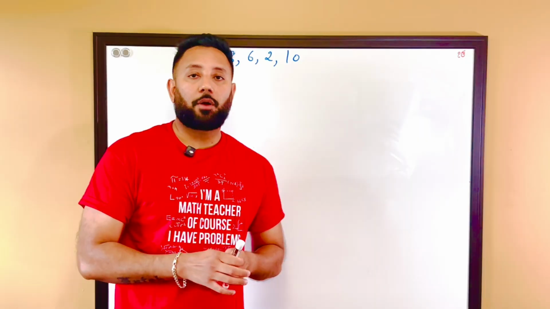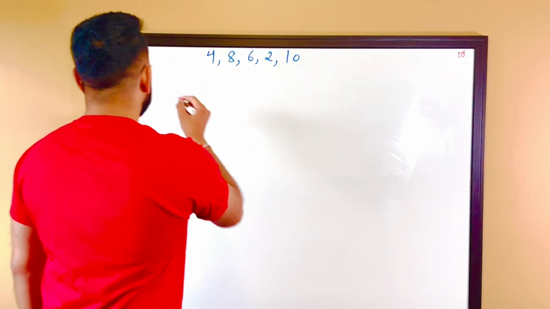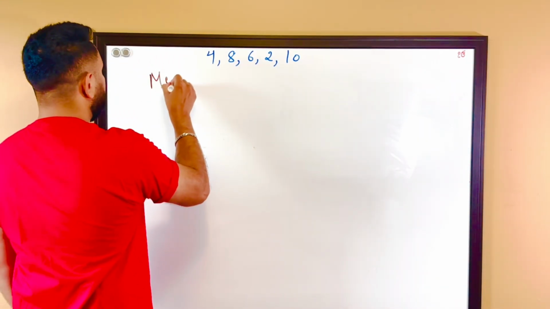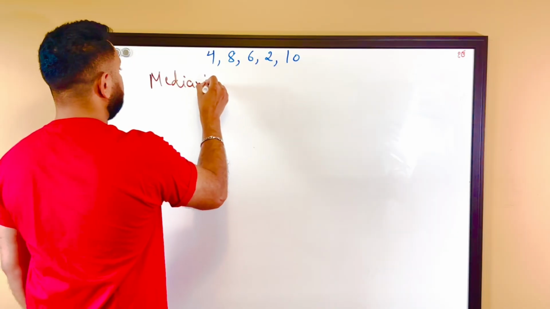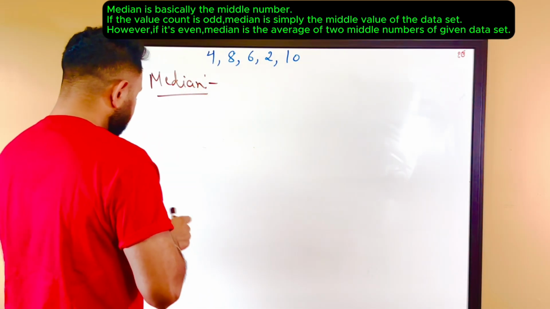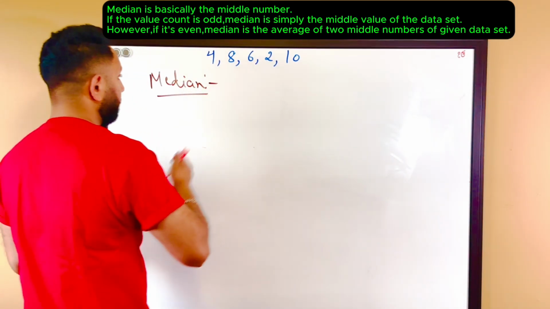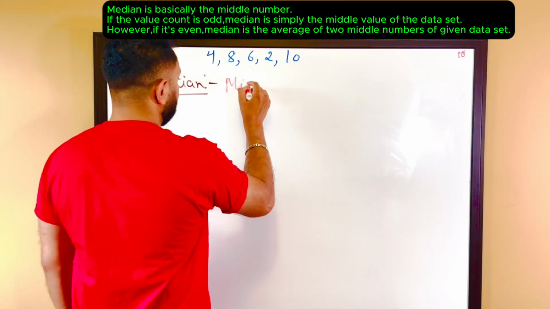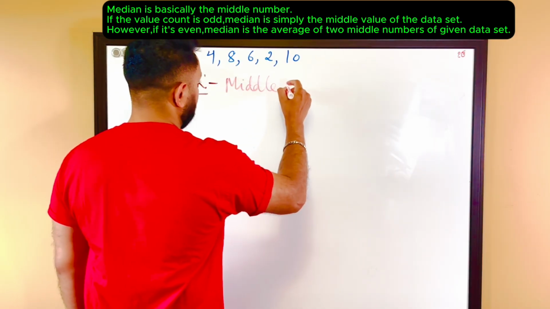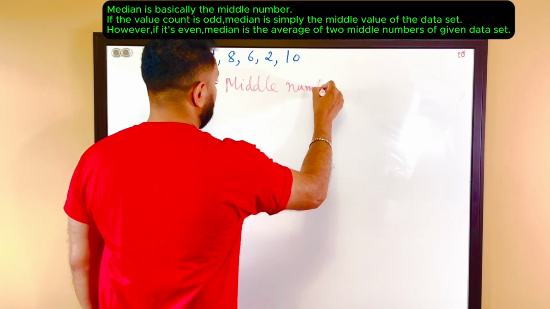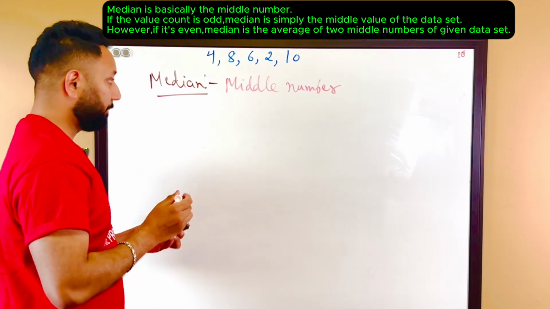So a second subtopic is median. So median is basically the middle number. But there are some exceptions.